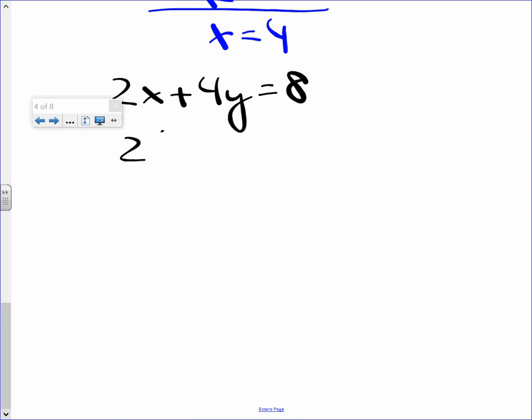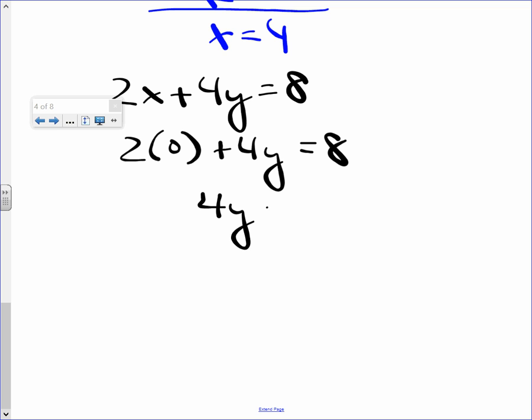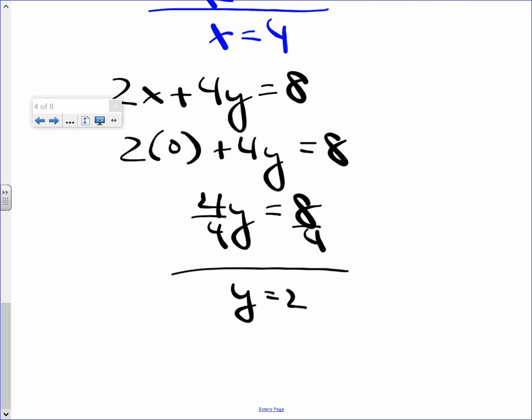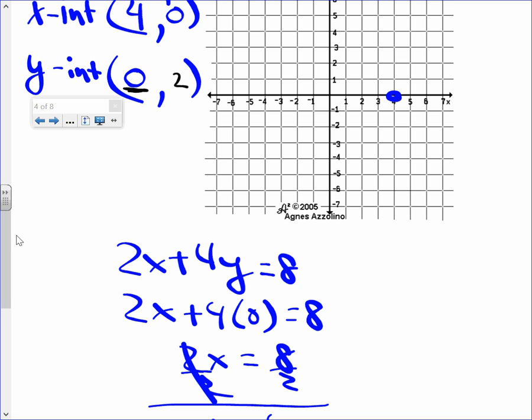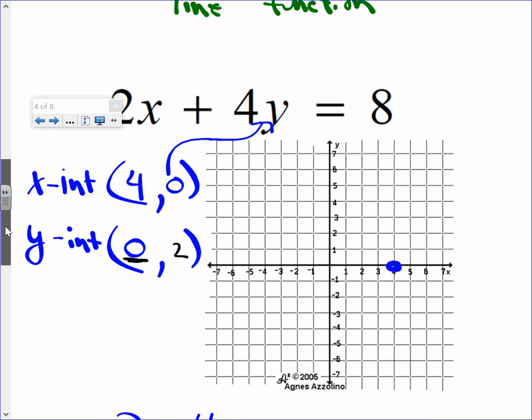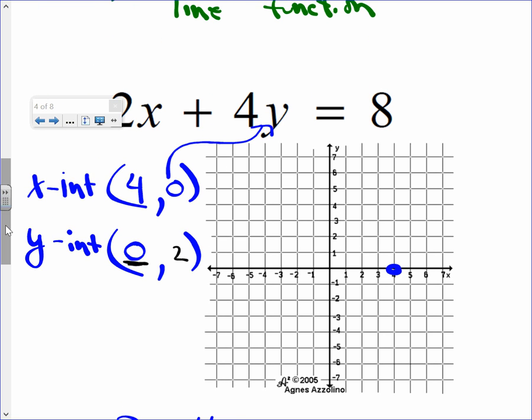So 2 times 0 plus 4y is 8. 2 times 0 is 0, so I got 4y equaling 8. Thank you. So y equals 2. Look at our intercept, (0, 2). So let me plot that one now. Plot it with me. (0, 2) is right here.